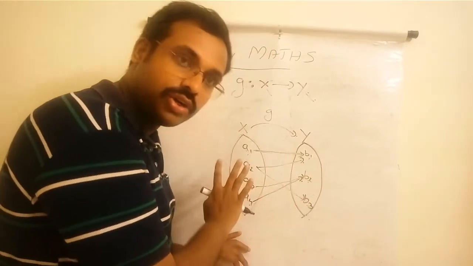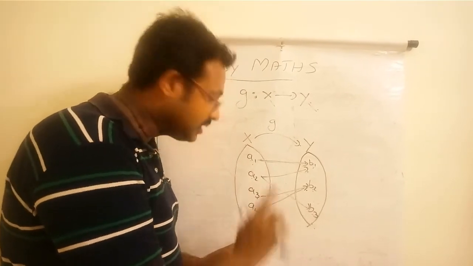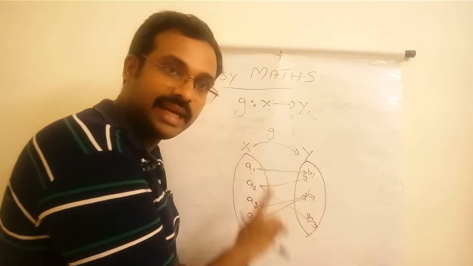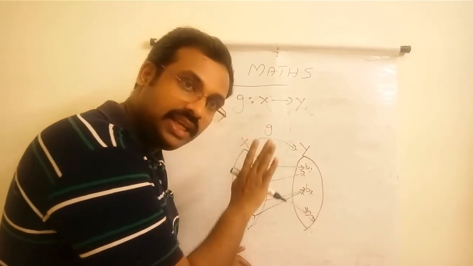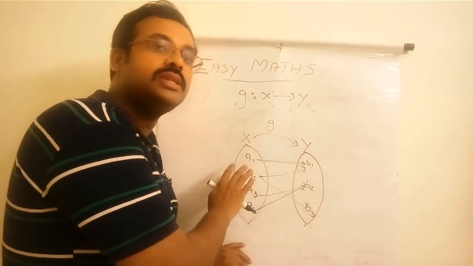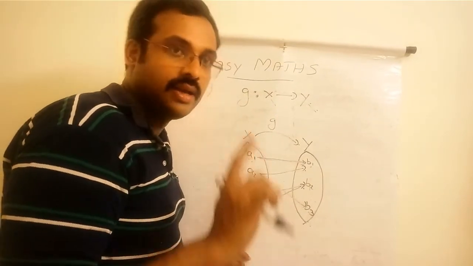So that is not a contradiction. What is a contradiction to our definition? One element with two images. So this is only a mapping, or we can call it a relation from X to Y, but it is not a function.